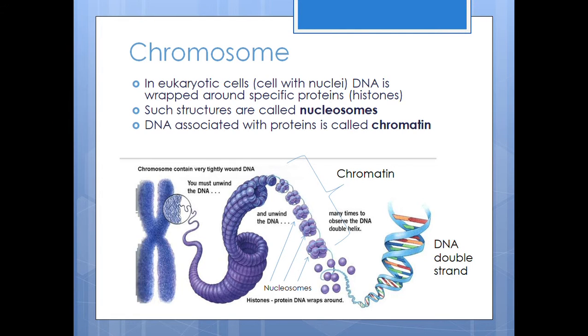So, the term chromatin is used to name the whole DNA in the nucleus together with the protein it is associated with. So, this is a DNA double strand. These are nucleosomes, and altogether, the whole string arranged into nucleosomes, DNA with proteins, is usually called chromatin.